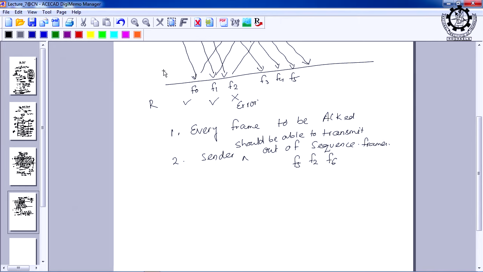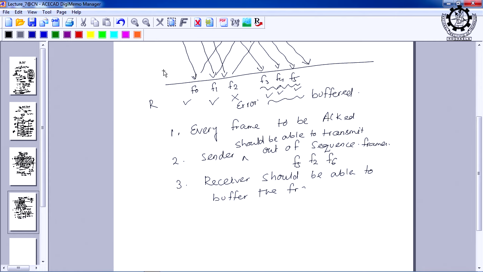Now, what happens on the receiver side? After this NAC has been transmitted, the receiver receives F3, F4 and F5, and all these frames are successful transmissions. So, they should be buffered by the receiver. That means the receiver should have the provision to buffer the frames arrived after the error frame.